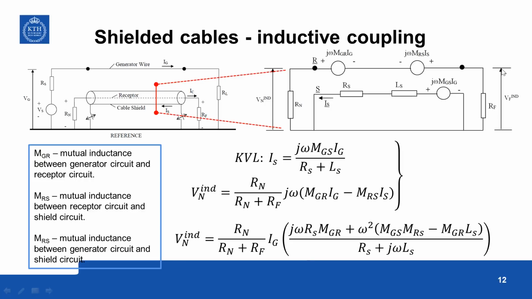Then this V_N induced can be written, from the circuit analysis from these two sources, like this, where I_S is given by this expression that can be substituted over here. Then you get an expression like this.